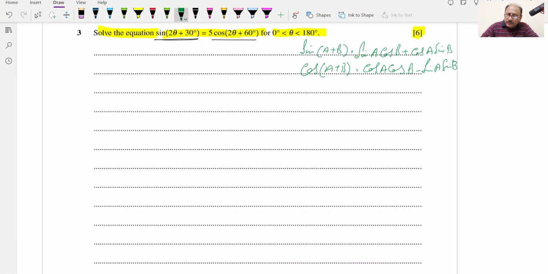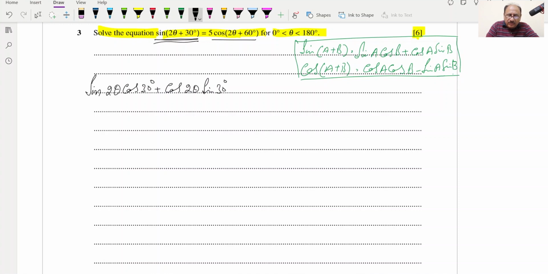These will be the two formulas which we will be using over here, and we will write this as sine a plus b. So sine a is 2 theta, so sine of 2 theta cos of 30 degree plus cos of 2 theta sine of 30 degree. This we have applied on this is equal to 5 into cos a cos b.